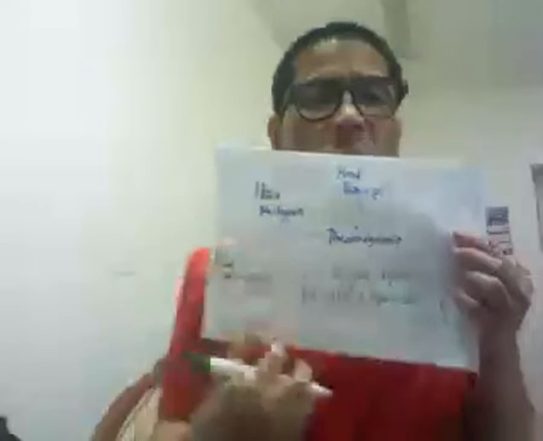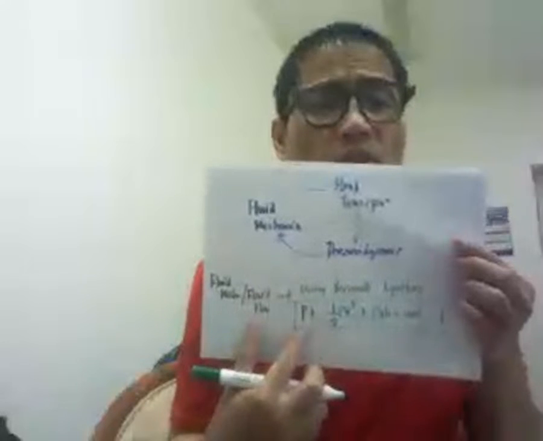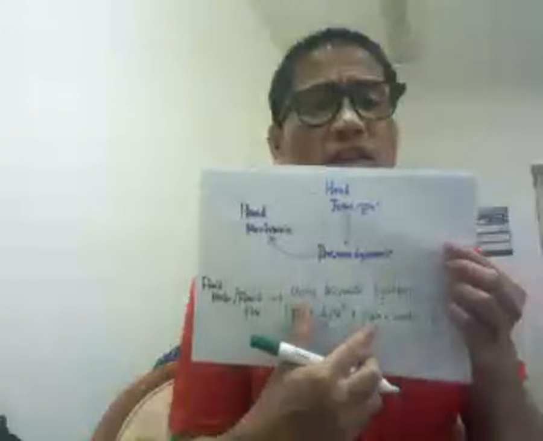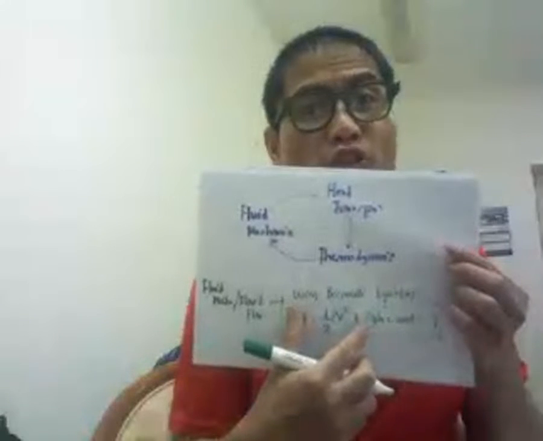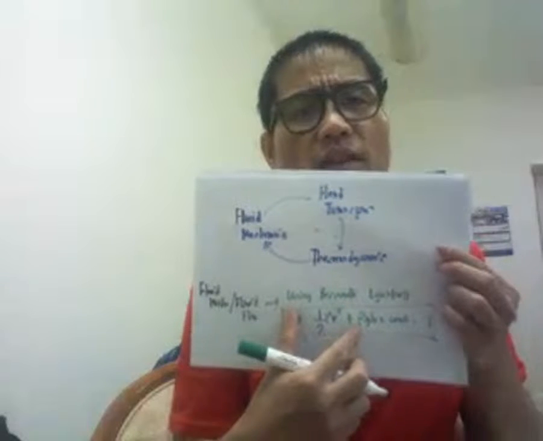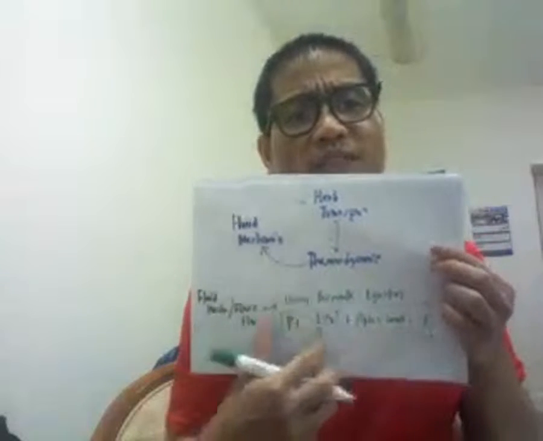Pressure is the fluid static pressure, plus 1/2 density v squared is the dynamic pressure, plus density g h is the potential pressure, or what we call the hydrostatic pressure. It's equal to a constant.